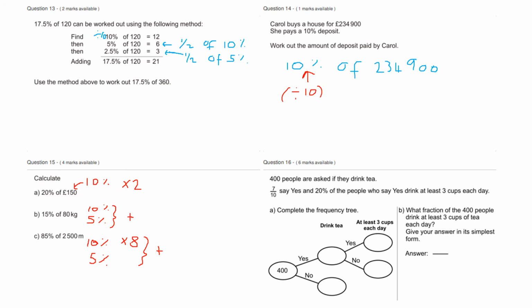And the last one, 400 people are asked if they drink tea. 7/10 say yes, and 20% of the people who say yes drink at least 3 cups a day. Complete the tree.